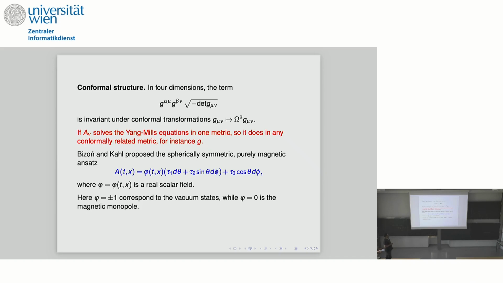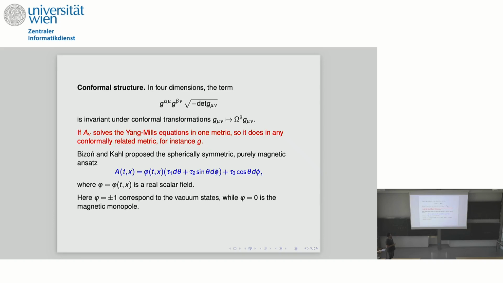And what is the conformal structure? Here the conformal structure is the following. In 4 dimensions, this term here is just a metric term. It's invariant under conformal transformation. So as I told you before, you can choose a particular setting for your metric because if you solve the problem for one metric, essentially, in some sense, you're solving the problem for any conformally related metric.